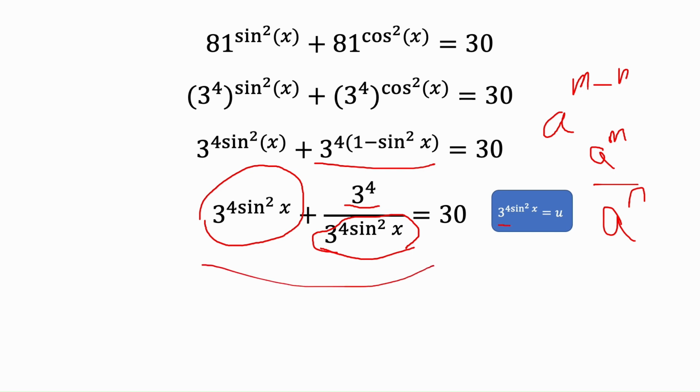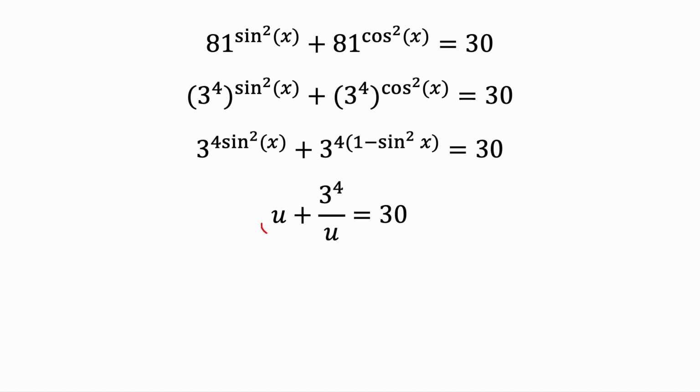So we can define 3 to the power 4 sine square as a new variable, which is u. So now we will have u plus 3 to the power 4 over u equals 30. Now we can solve this equation and find u so easily.